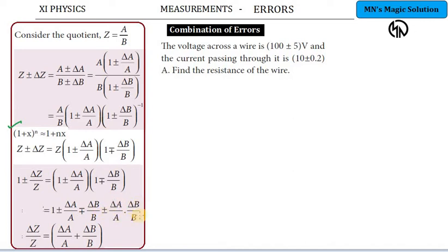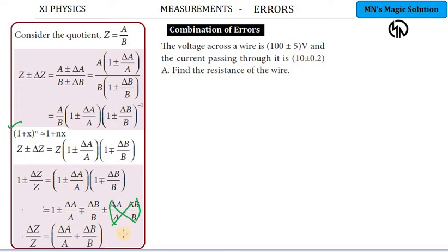The concept for this we saw in the previous video itself. These relative error values are small. The product of these two relative error values will become even more negligible. So this entire term you can just omit. So what will you end up with? Del z by z, that is relative error in z, is equal to, we are only going to look at the maximum possible error values.